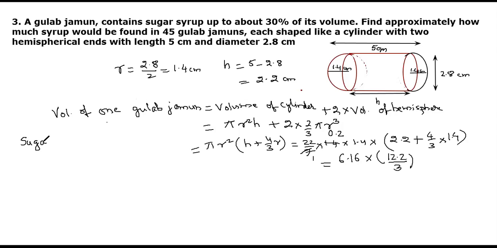So total sugar syrup will be 30% of the total volume of 45 gulab jamun. So 45 means this volume you multiply with 45, you will get the volume of 45 gulab jamun.